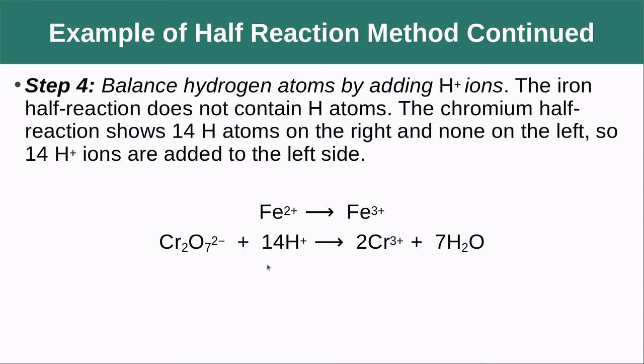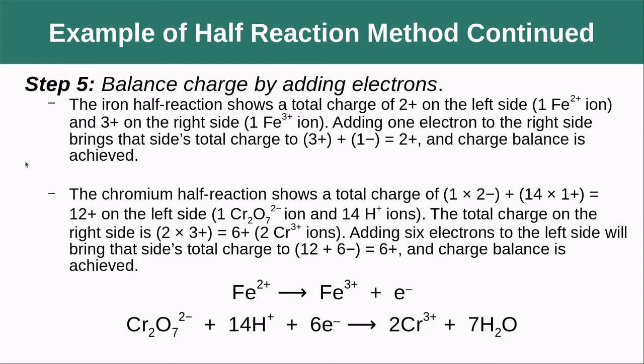Adding those 14 hydrogens to that side, we now have mass balance between the two sides. Now all we have to do is make sure that we are balancing our charges so that we can add the two reactions together. So now that we have mass balance for the elements on either side, we need to balance the charges.